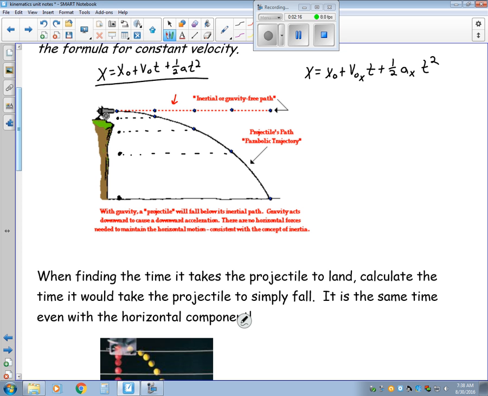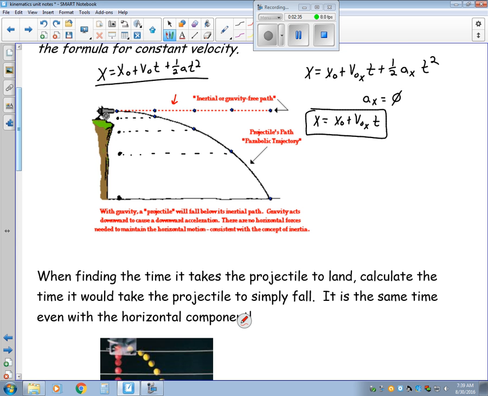Now, the acceleration on the x-axis equals 0. So what we're left with is that right there.